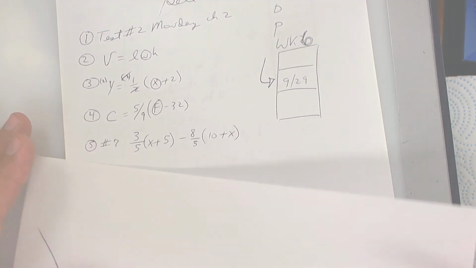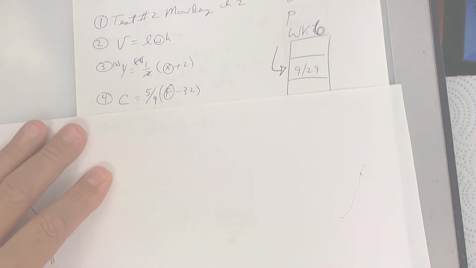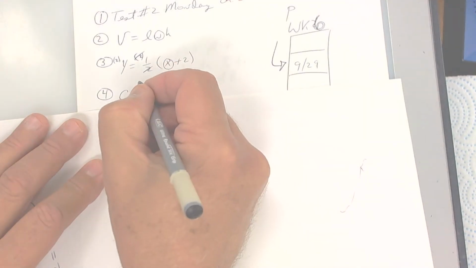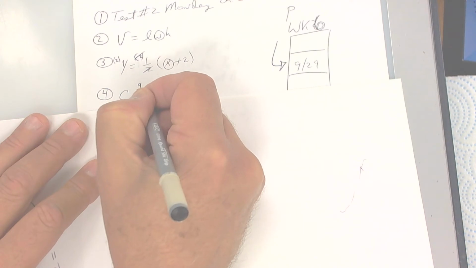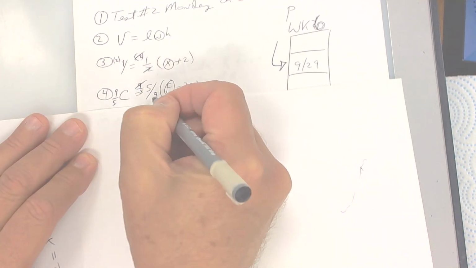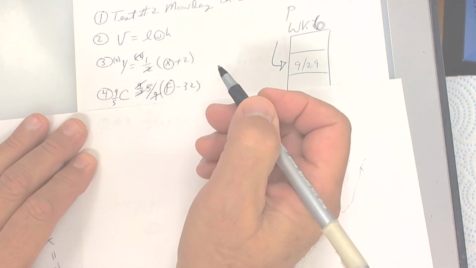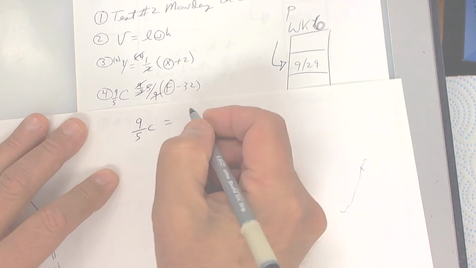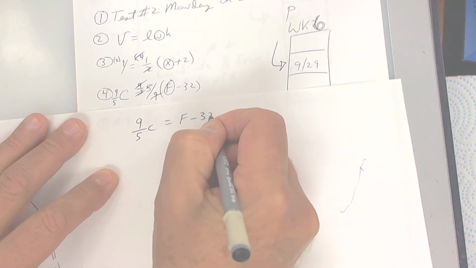Let's go on. This one you want to get F by itself. So you want to get rid of that fraction. The way to get rid of that fraction is by multiplying by the reciprocal. So put 9 over 5 and 9 over 5. And then the 9's cancel and the 5's cancel. So you're left with 9 over 5 C is equal to F minus 32.